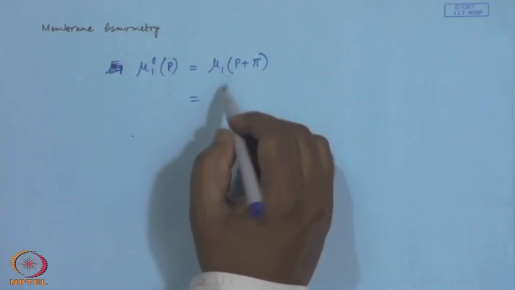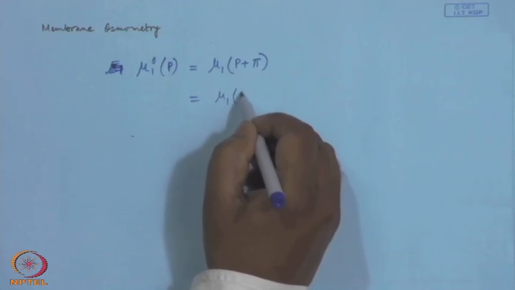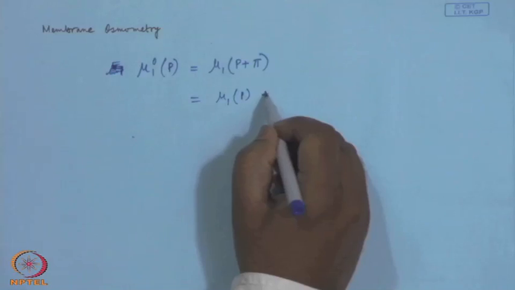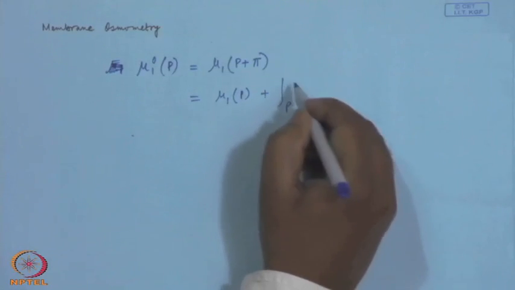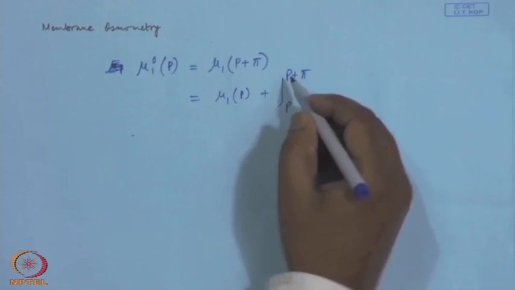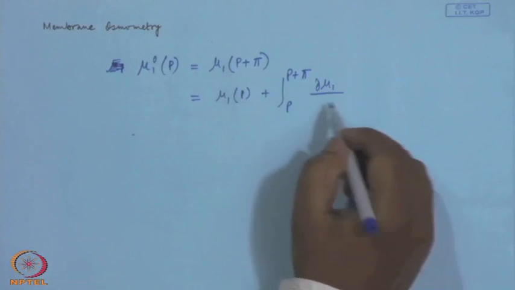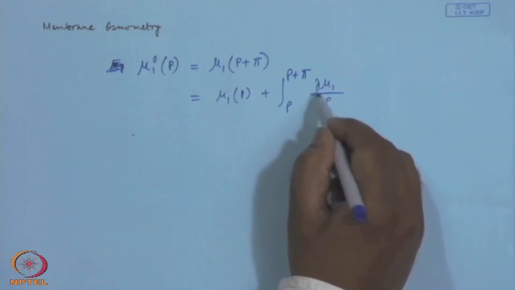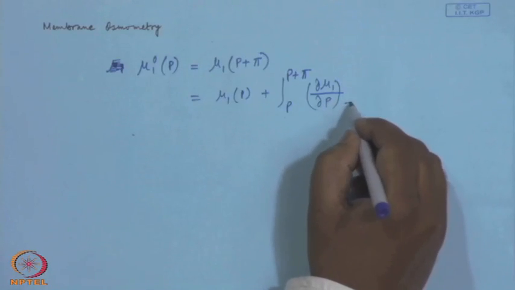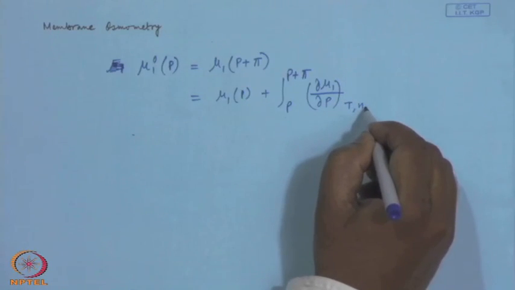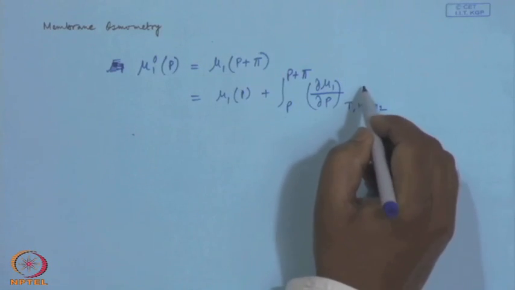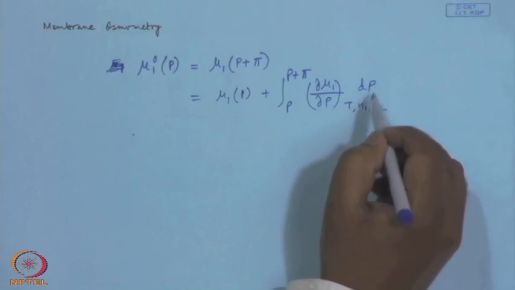So, I can write this and break it down mathematically. Remember, 1 is for the solvent and if you generally write 2 for the solute molecules, solute in this case is the polymer.